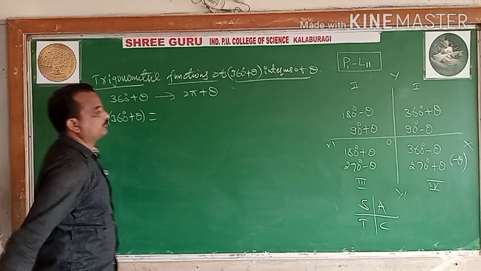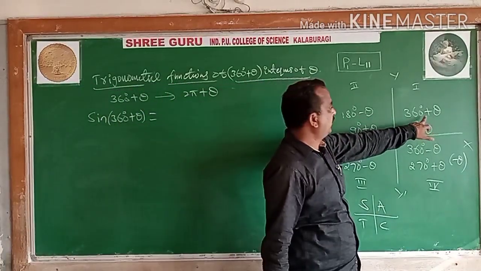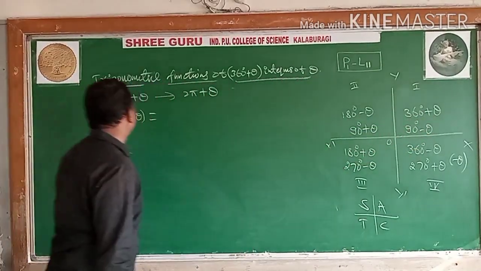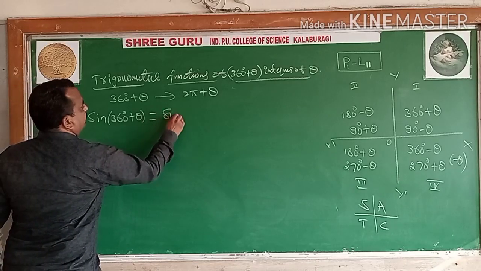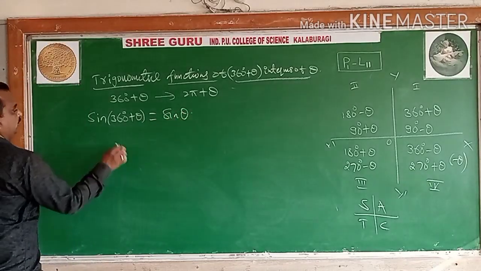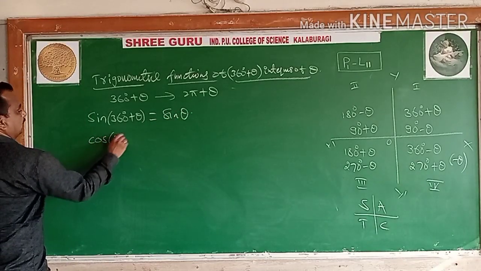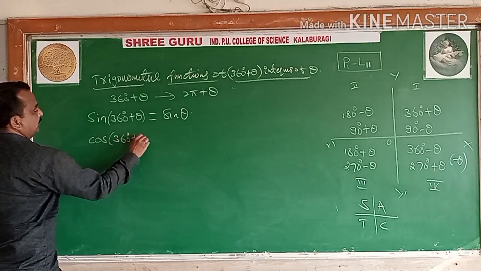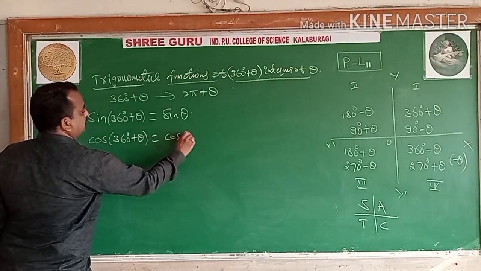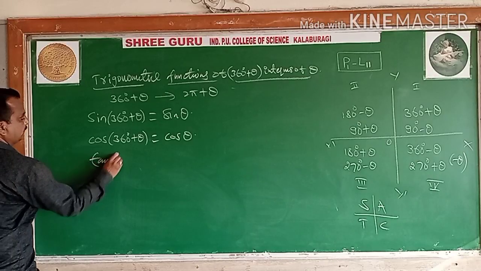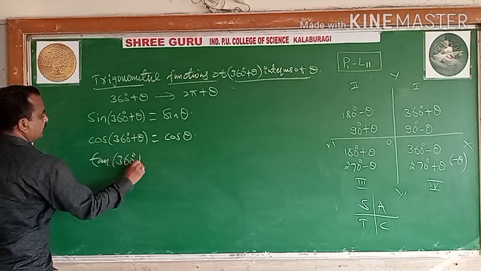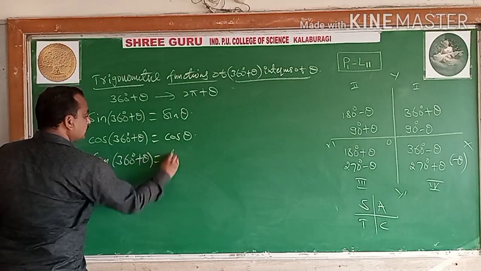Which quadrant angle is it? First quadrant. All the functions are positive, no changes. Cos of 360 plus theta is cos theta. Tan of 360 plus theta is tan theta.